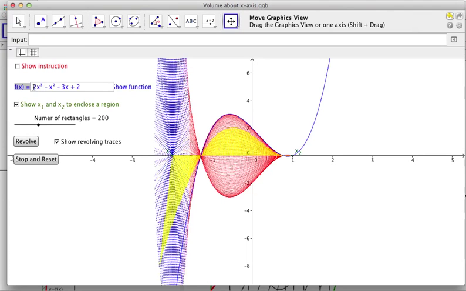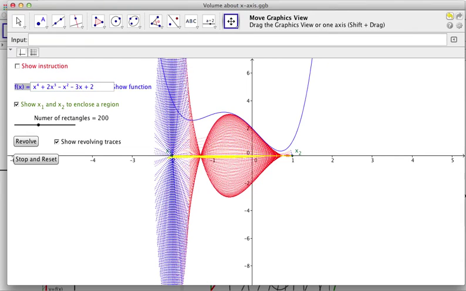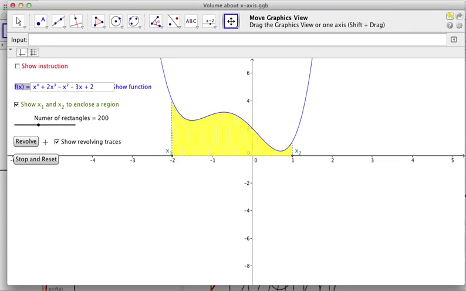And I'm just going to throw in an x to the power 4. Stop. And so there's our shape now. This time there's no intersecting points on the x-axis. So what we get is this shape. Once again, we've got a circle here.